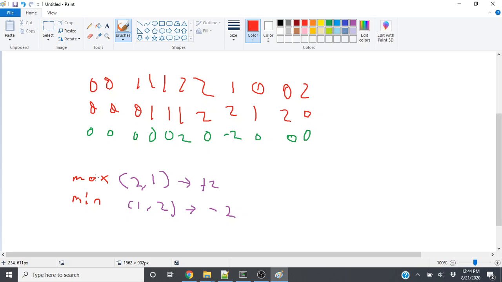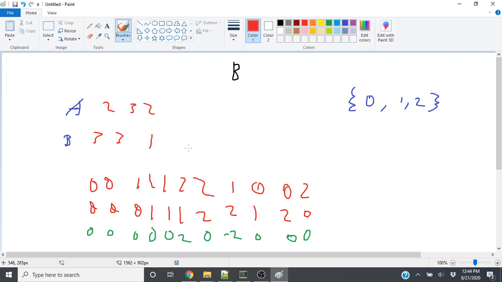First, let's maximize these. Count the number of 2s in A, and the number of 1s in B, and take the minimum of those, because we can't make more pairs than the numbers we have. So it's the minimum of 2 and 3, times 2, which is 2 times 2, which is 4.